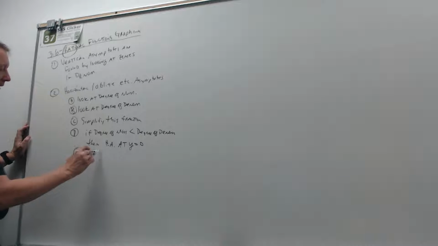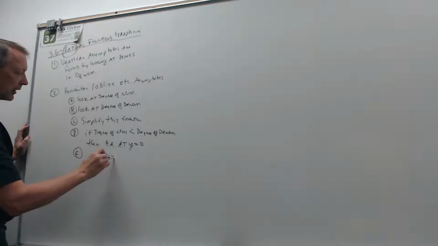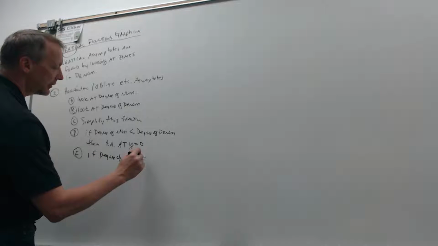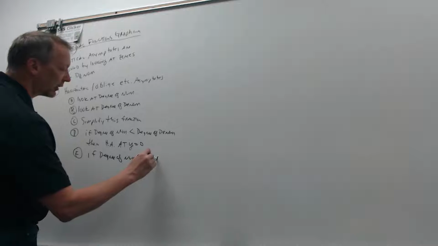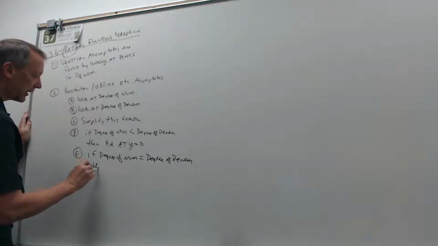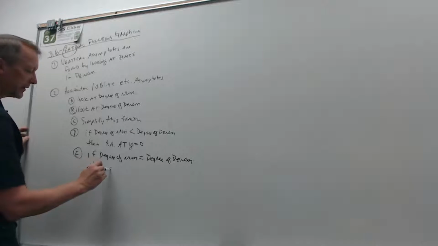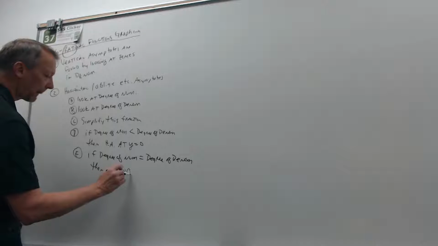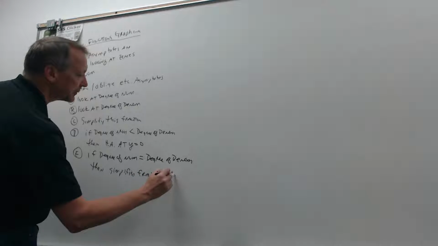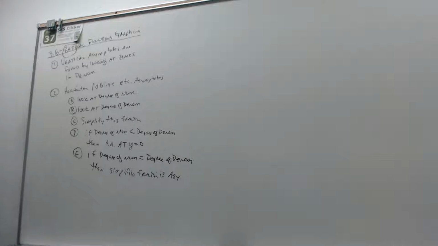E, if degree of the numerator equals degree of the denominator, then simplified fraction is the asymptote. And it could be slanted, or it even could be a parabolic asymptote. Now, the book doesn't like to talk about parabolic asymptotes, but I kind of do because I think it's helpful. Okay?